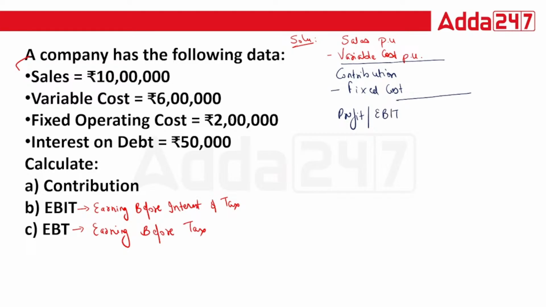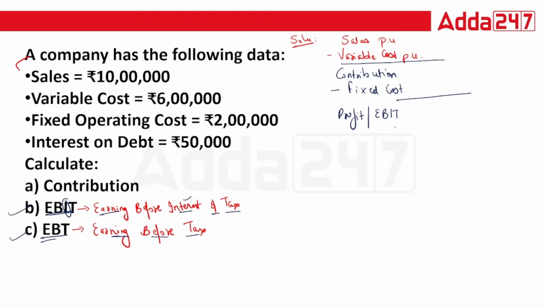If you read the second option which we need to calculate, that is EBIT. And the third option is your EBT. Can you see the I is missing in this third option? The second earning is earning before interest and tax, but the third option says earning before tax, meaning now you have allowed the tax part.